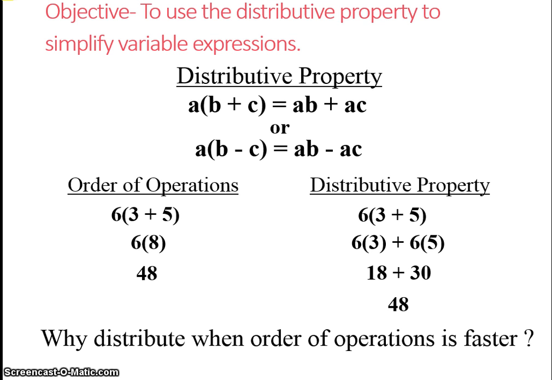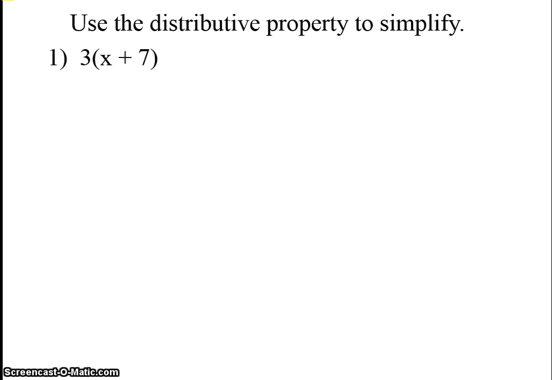So why do we need the distributive property? Here's why. Sometimes you have variables. That's the whole purpose of the distributive property. So 3 times x would give 3x, and 3 times 7 would give us 21. Now, sometimes like before, you can have a negative inside the parentheses. Just make sure you take that into consideration when you're working it.